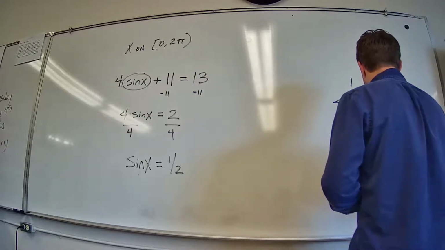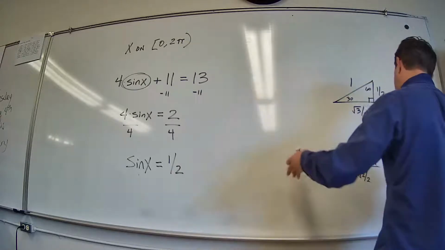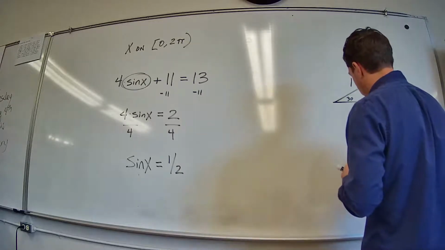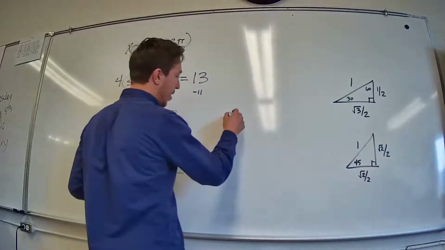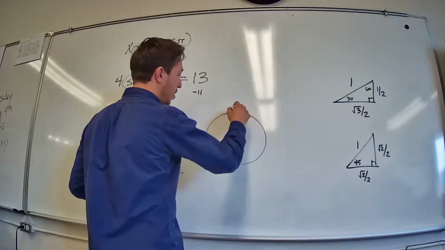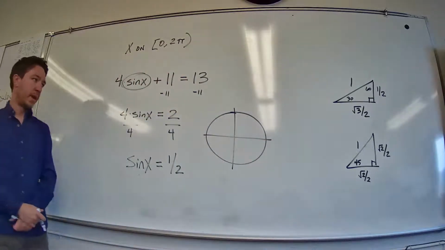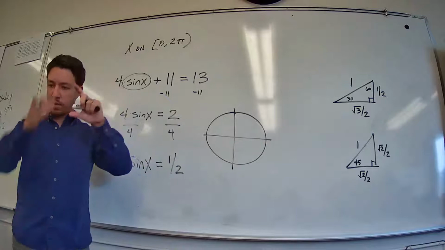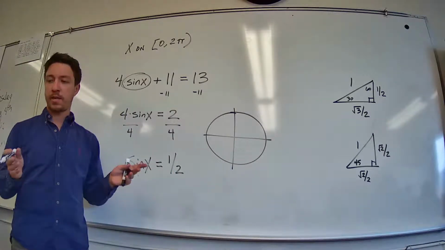Now, not every single one we do involves a triangle, because sometimes you end up at like pi over 2, 3 pi over 2. Okay, so the question becomes, how do I position a point on the unit circle in a way so that its vertical component, its y component, is 1/2? Do you understand that idea?